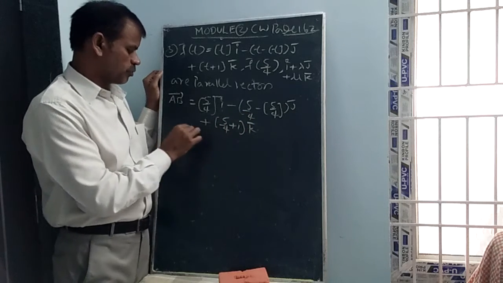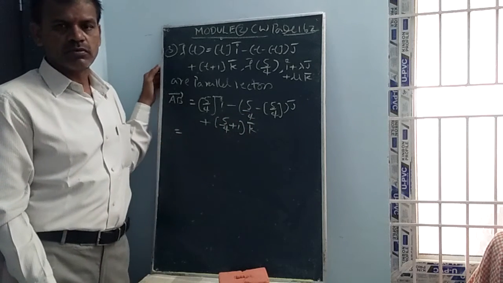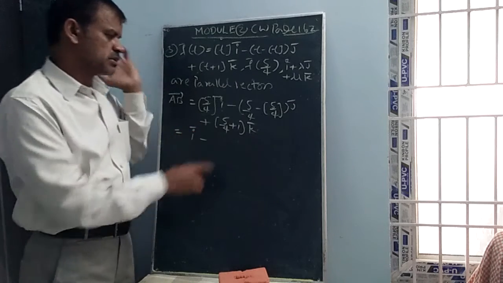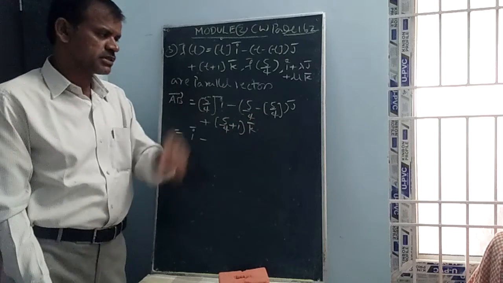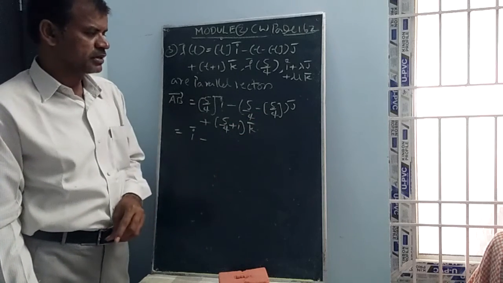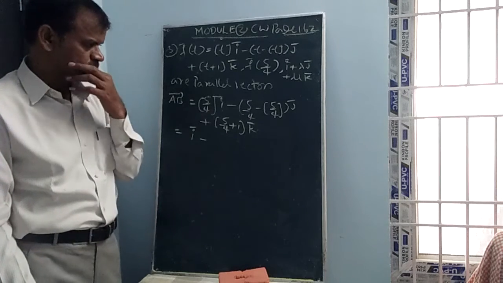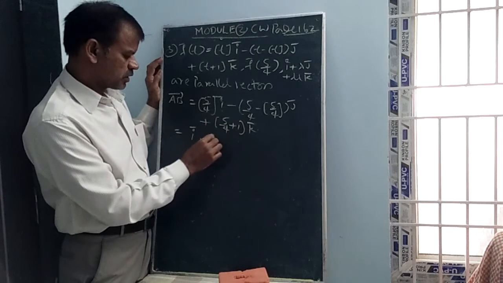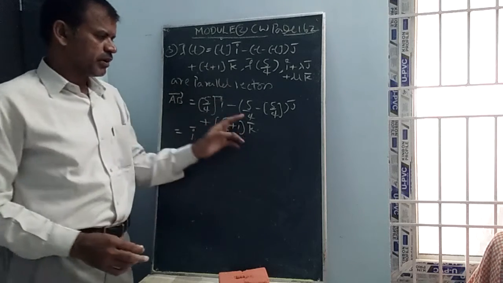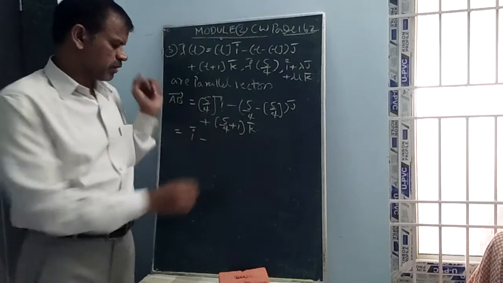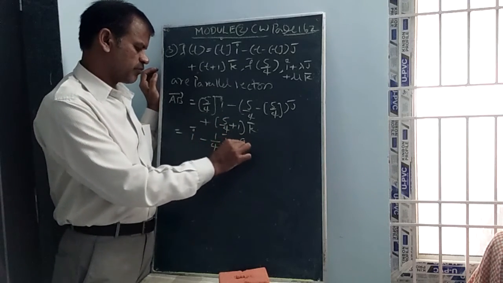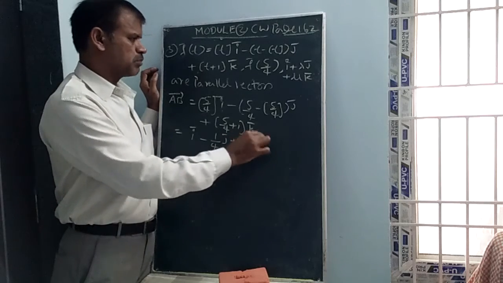Step of 5 by 4: 5 by 4 value is 1.33, step is 1. So write here i minus (1.33 minus 1), that becomes 0.33. Otherwise you can write 5 by 4 minus 1, so 1 by 4, it becomes 1 by 4 j plus 9 by 4 k.